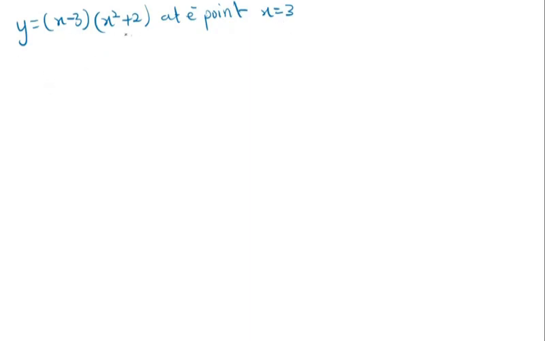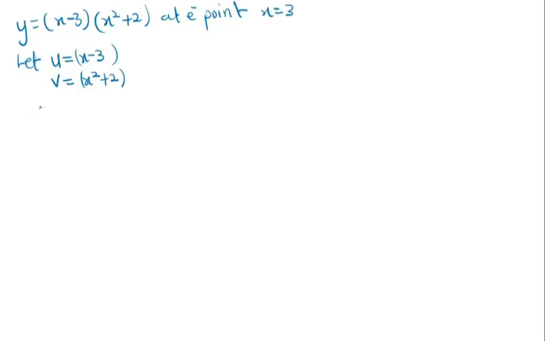Now if we have this sort of equation to differentiate, first of all we say let the first term be u, then we let v be the second term, x squared plus 2. Now the formula that we use to find the differentiation of this is what we call the product rule.